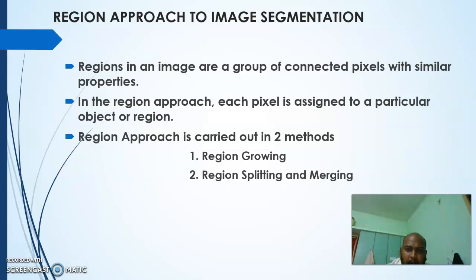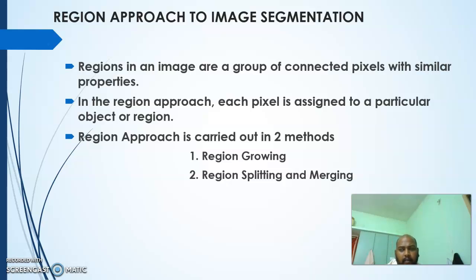In the region approach, each pixel is assigned to a particular object. Each will have some similar property. In a region, many pixels will be there and all will have similar properties. Like that, various regions will be there in an image.